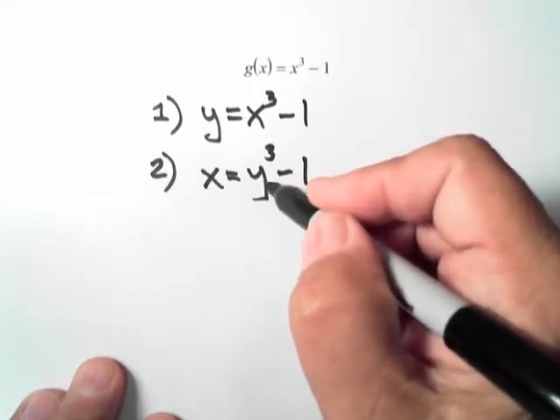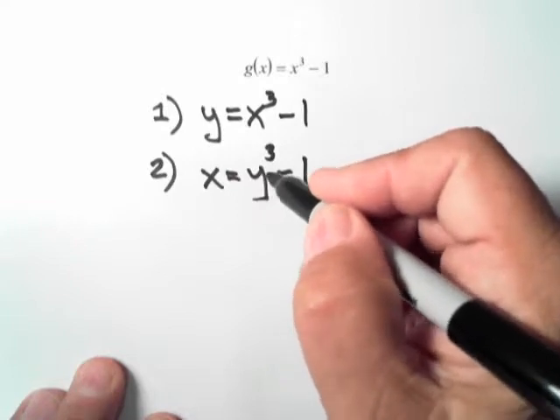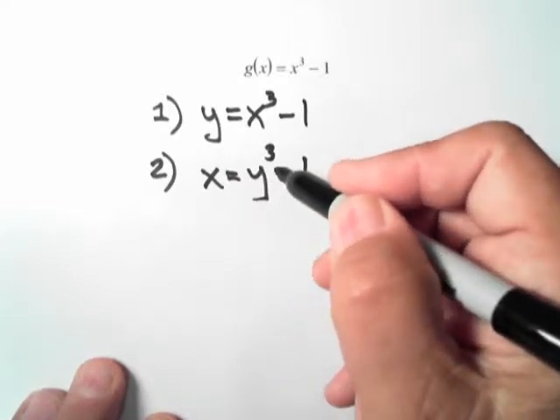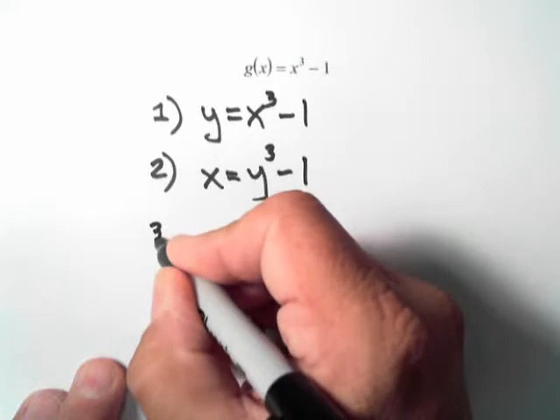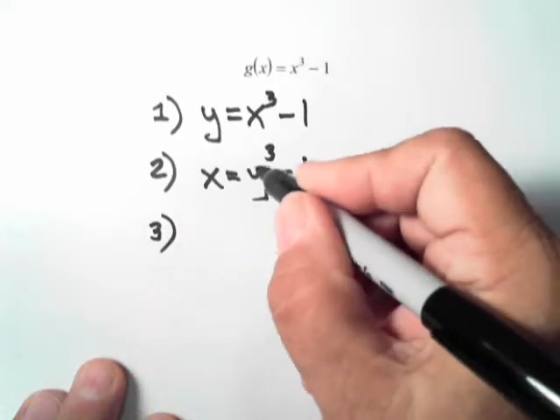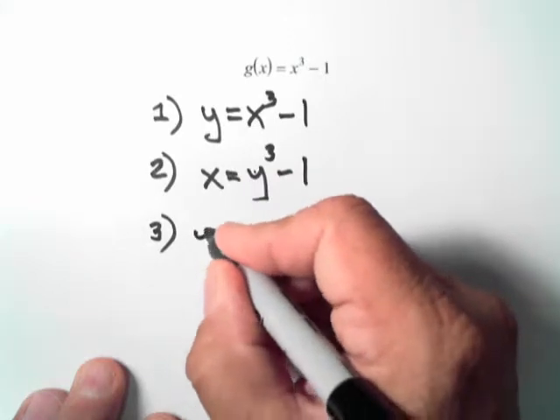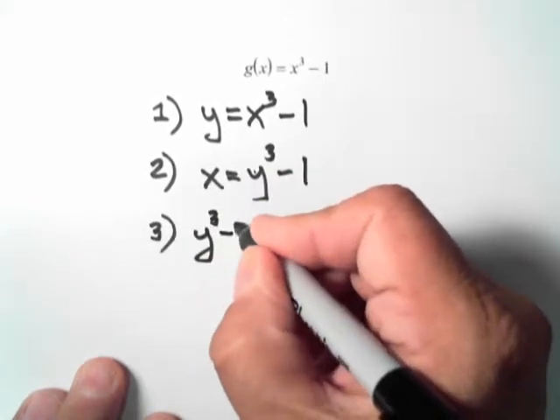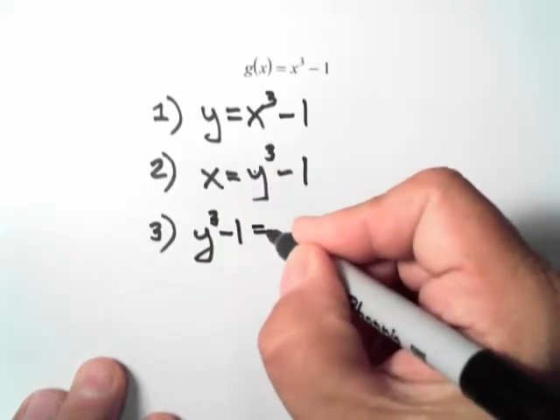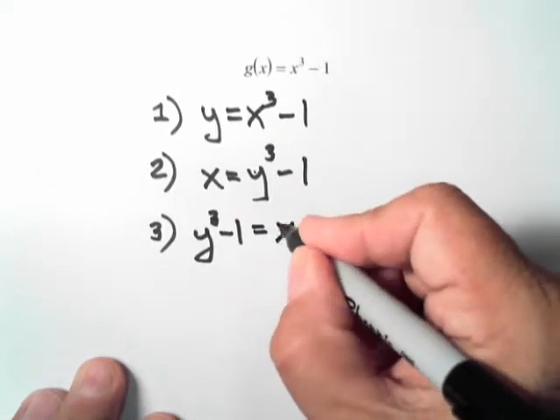If we can do that and come out with nice clean answers, then it does have an inverse. Okay, so first thing I'm going to do here, I don't want to make this negative, so I'm going to jump the whole sides. y cubed minus 1. Remember, when you interchange the sides, none of the signs change.